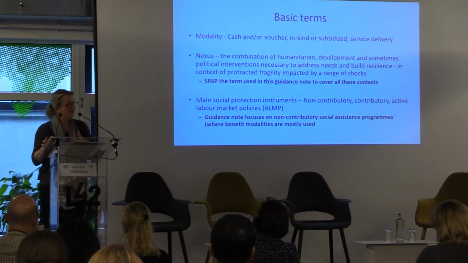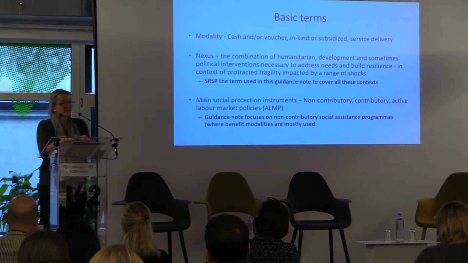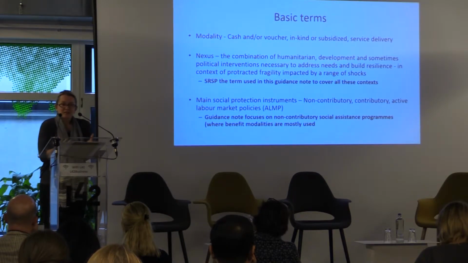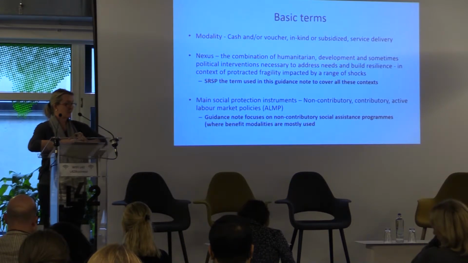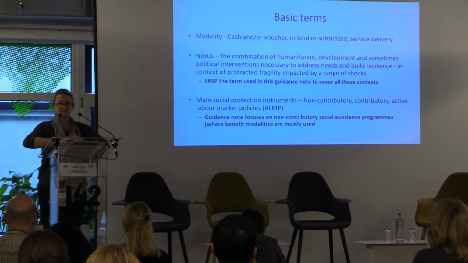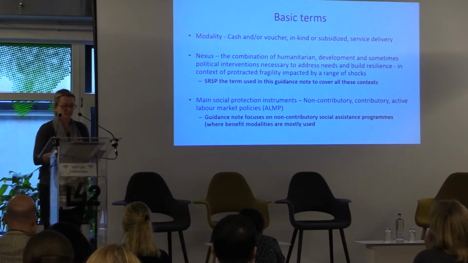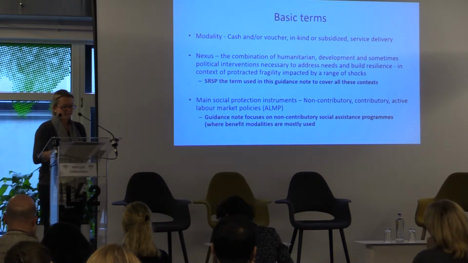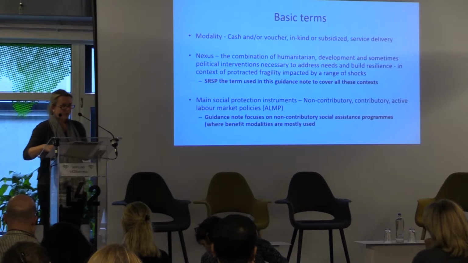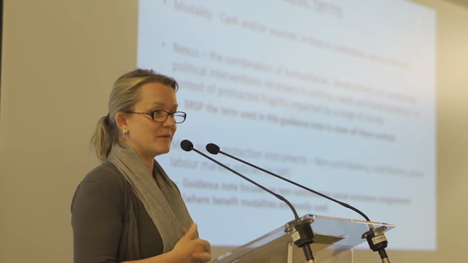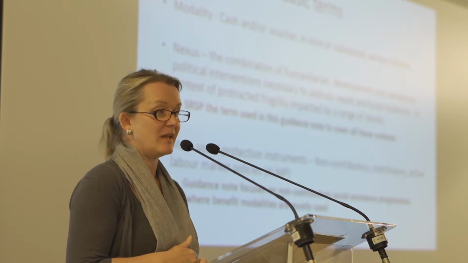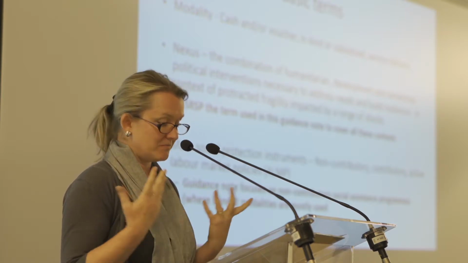And it's a little bit different, actually, because within the context of these notes, we're talking about what's going on in these fragile humanitarian emergency contexts, and how do we think about that nexus between long-term social protection, chronic types of poverty versus acute types of poverty, and how do we program? So we did use the terms that OPM and ODI have developed around shock responsive, although not everybody likes that term, but we quite liked it.